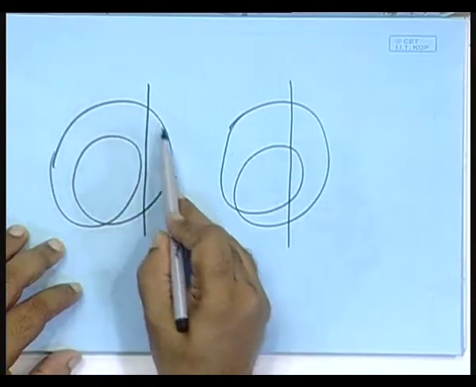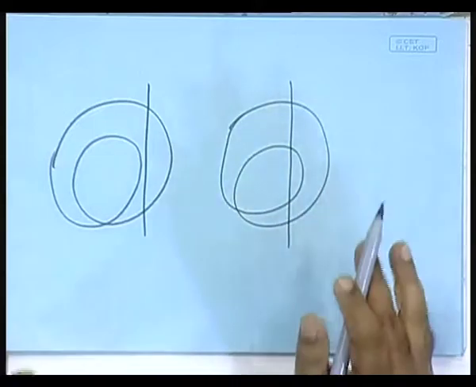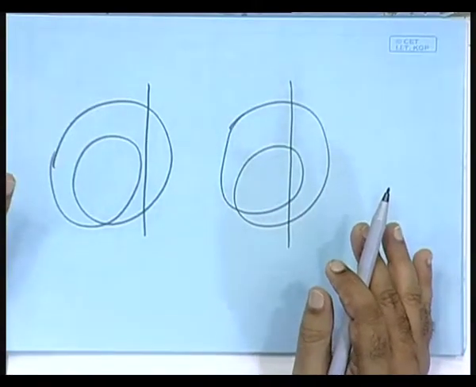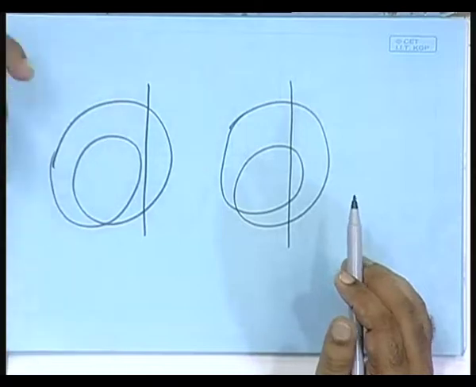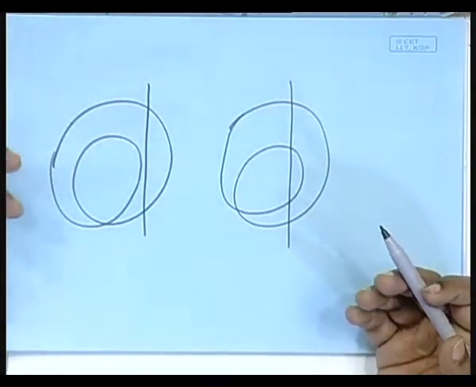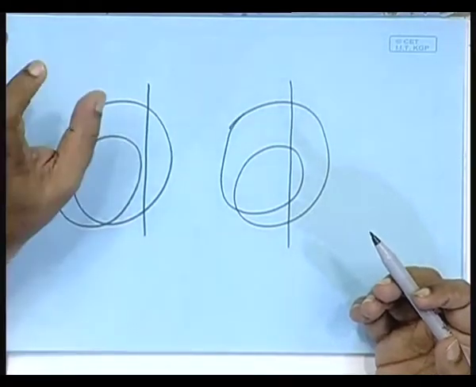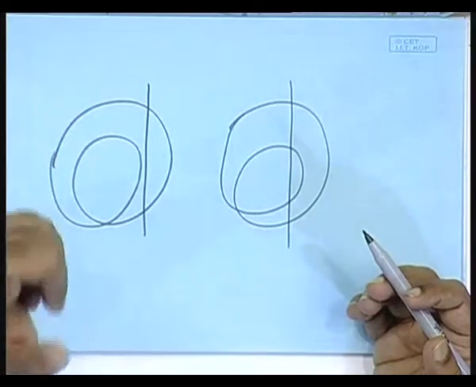There was only one excursion to this side earlier, now there are two excursions here. So, in between there has been a border collision event, a grazing event, and naturally in order to understand that event, you will have to find the eigenvalues of the fixed point in the discrete map.